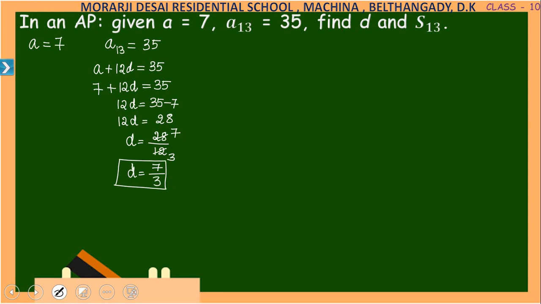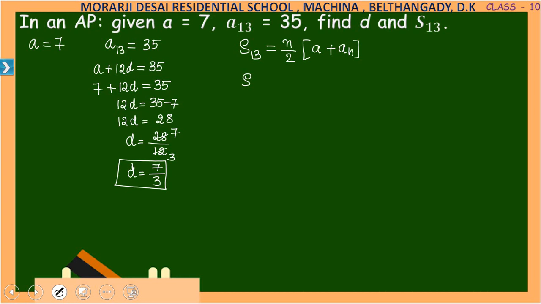Now we have to find S13. To find S13, we can use the formula Sn is equal to n by 2 into a plus an, because we have a13 here. So S13 is equal to n by 2 into a plus an.